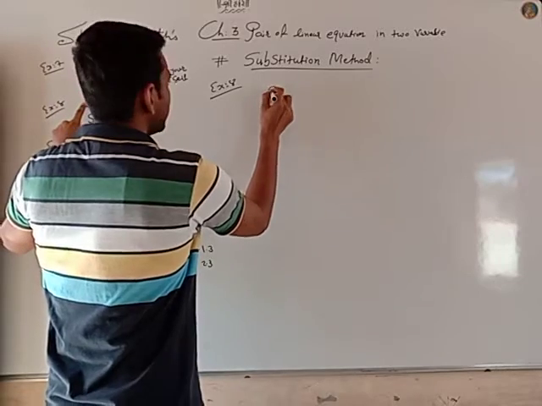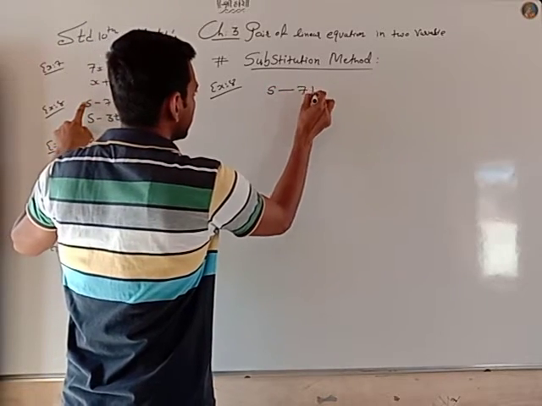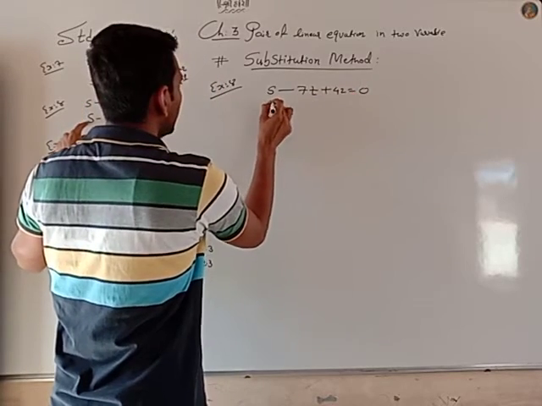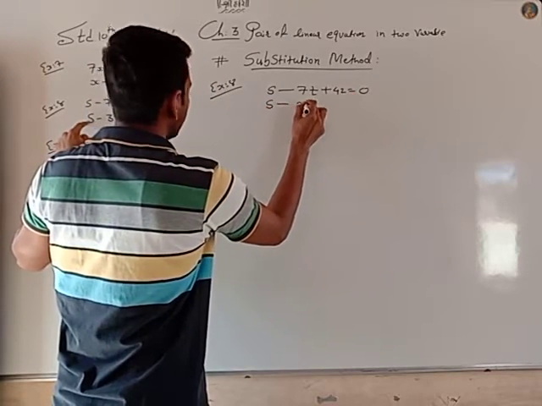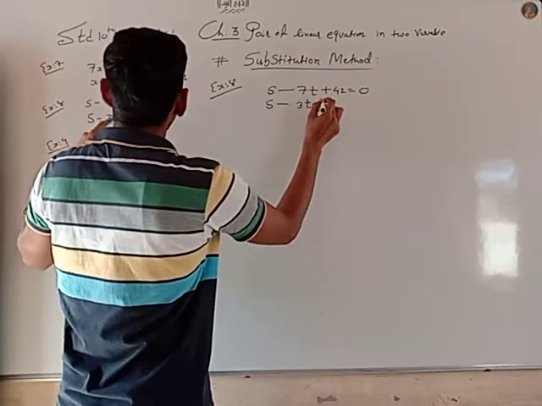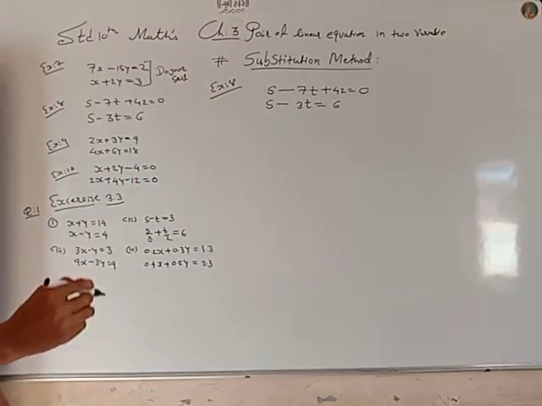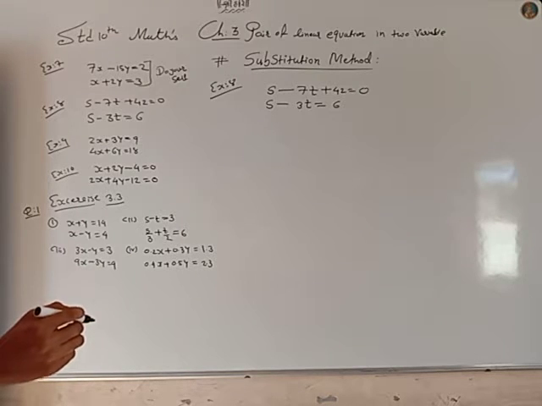the first equation is s minus 7t plus 42 is equal to 0. s minus 3t is equal to 6. But see again, both the equations are not in the same form.